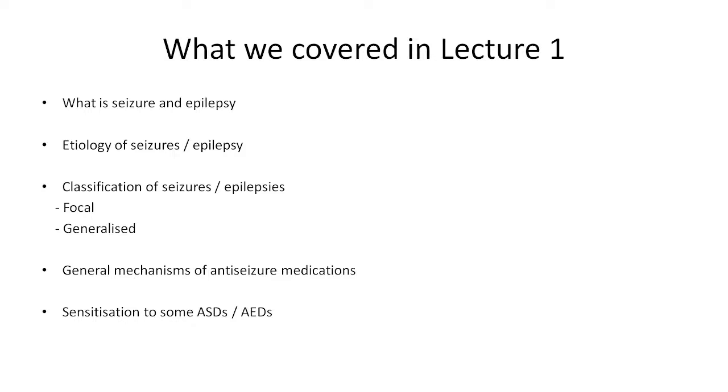Tell me what could be the possible causes of a person having seizures or epilepsy? Brain injury. Infections, systemic infections as well as infections of the CNS. That's the molecular mechanism.